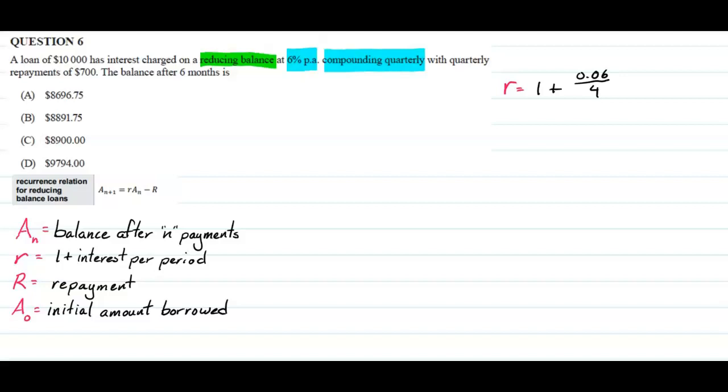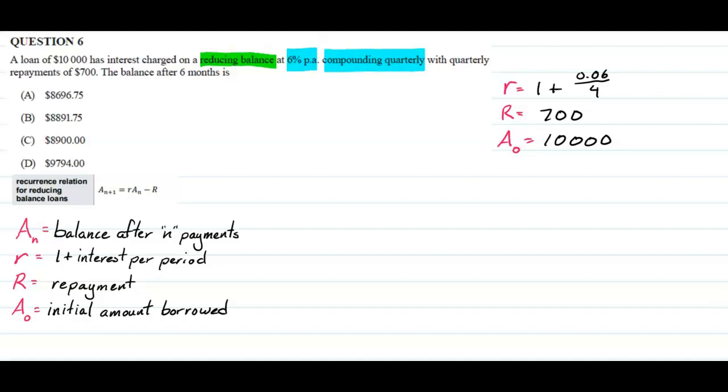Okay, what's next? We have capital R. Our repayment for each quarter is $700. Our initial amount, A sub 0, is going to be $10,000. So let's rewrite our formula using the information I have here.